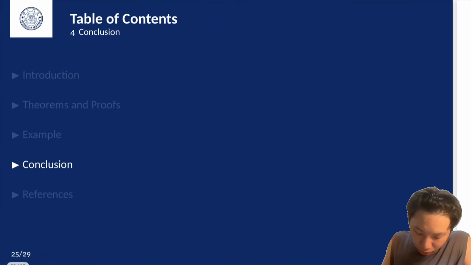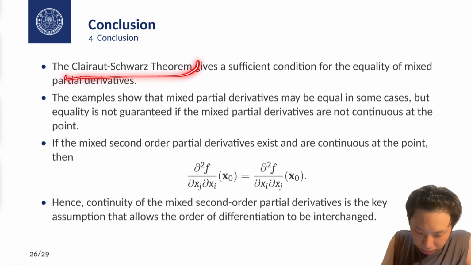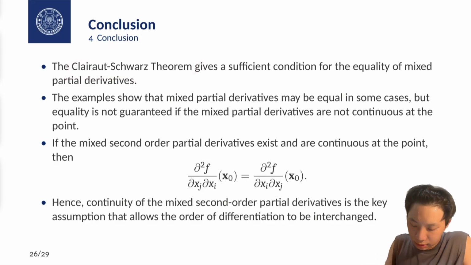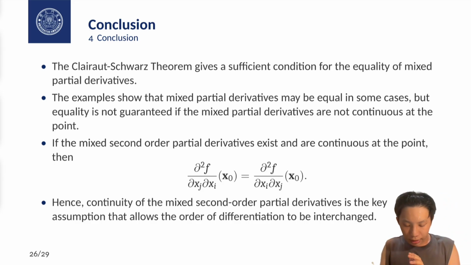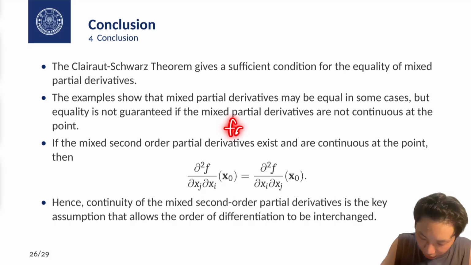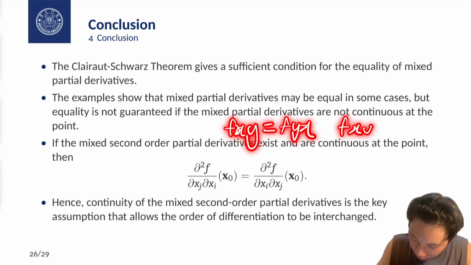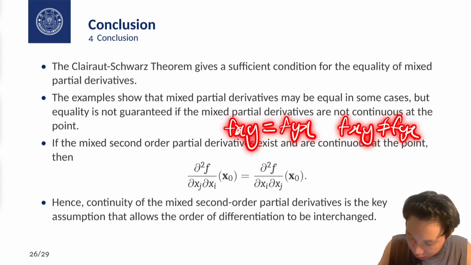Okay, so in conclusion, the Clairaut theorem is a very powerful theorem. It gives us a sufficient condition for the equality of mixed partial derivatives. But without the continuity assumption, we cannot say that f_xy is equal to f_yx, or that f_xy is not equal to f_yx.